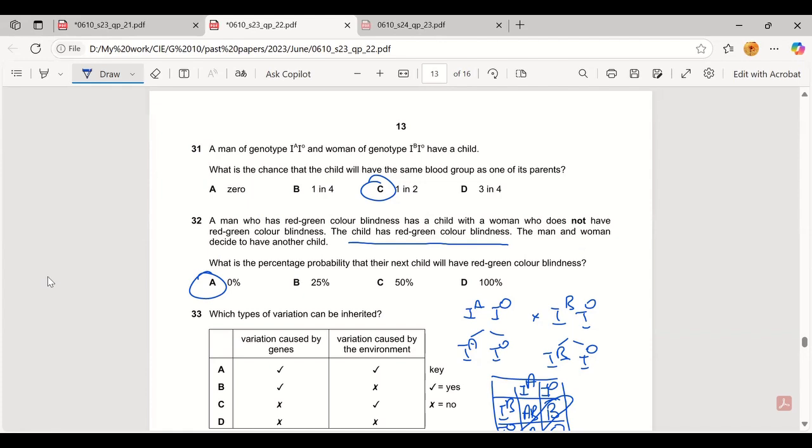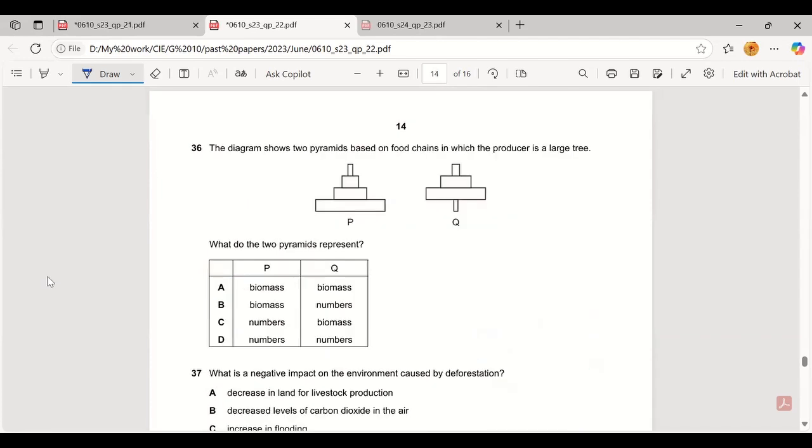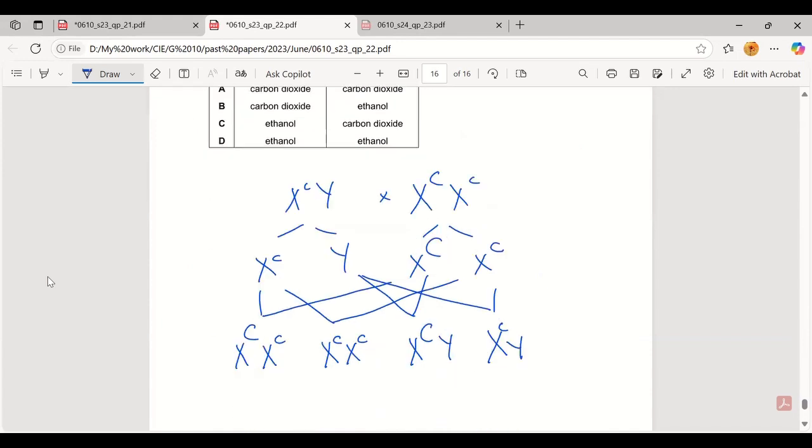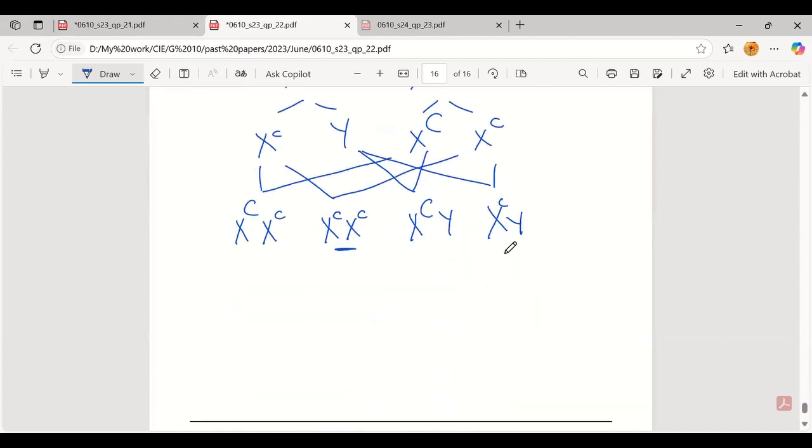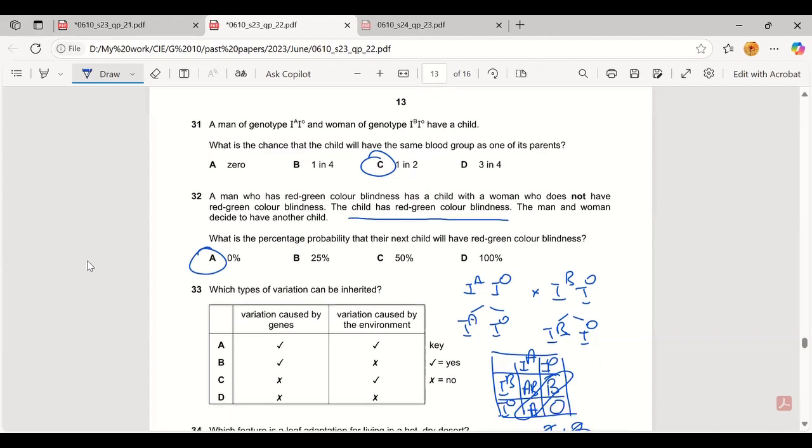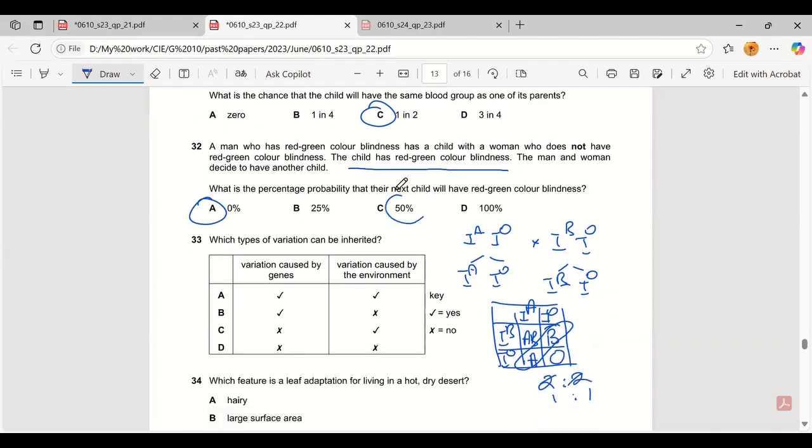So I have here 2 children who may have color blindness, so 50% indeed. Thank you, Yomna. It was my mistake that I read that the man does not have color blindness.